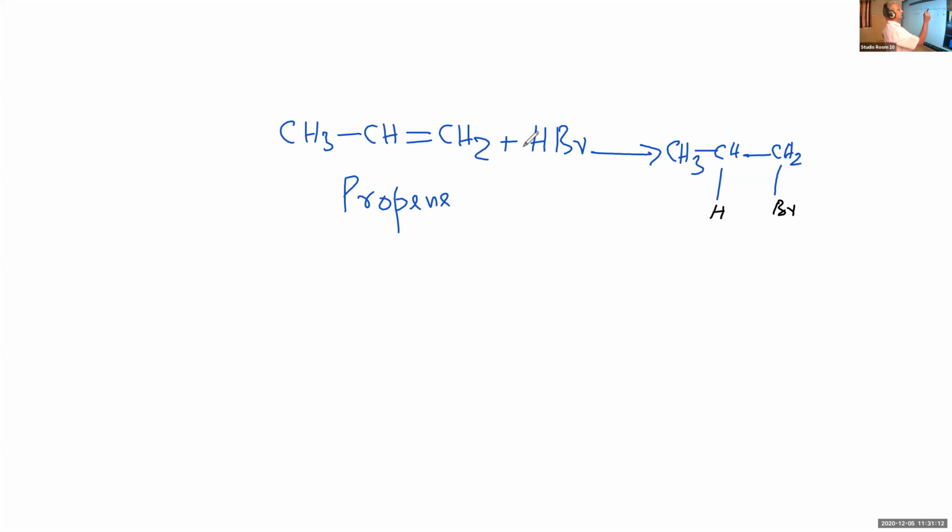Or if somebody adds hydrogen to the other carbon, we can expect two compounds here. One is 1-bromopropane and the other is 2-bromopropane. Which is the major product? We have to decide.